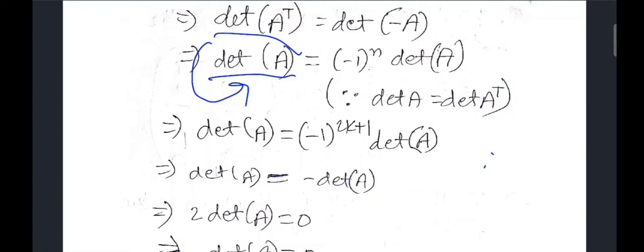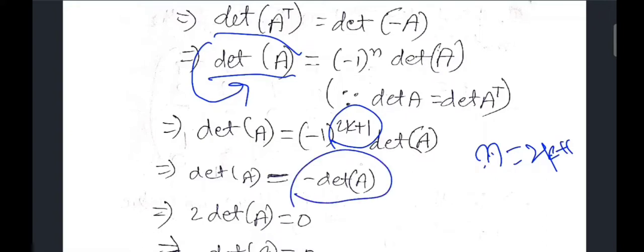And n is equal to 2k plus 1, because n is odd. We had already discussed this. So with 2k plus 1, minus 1 to the power odd is equal to minus 1. Minus 1 to the power odd is equal to minus 1, and minus 1 to the power even is equal to 1.